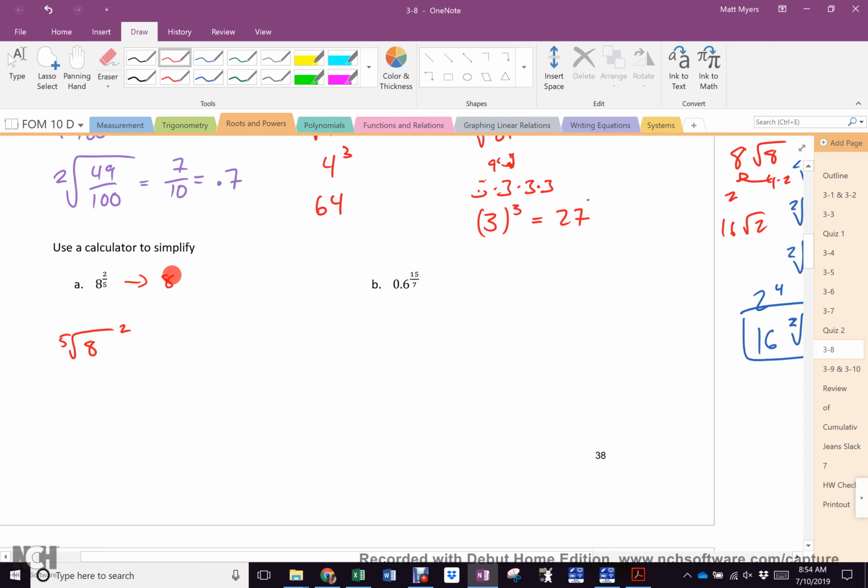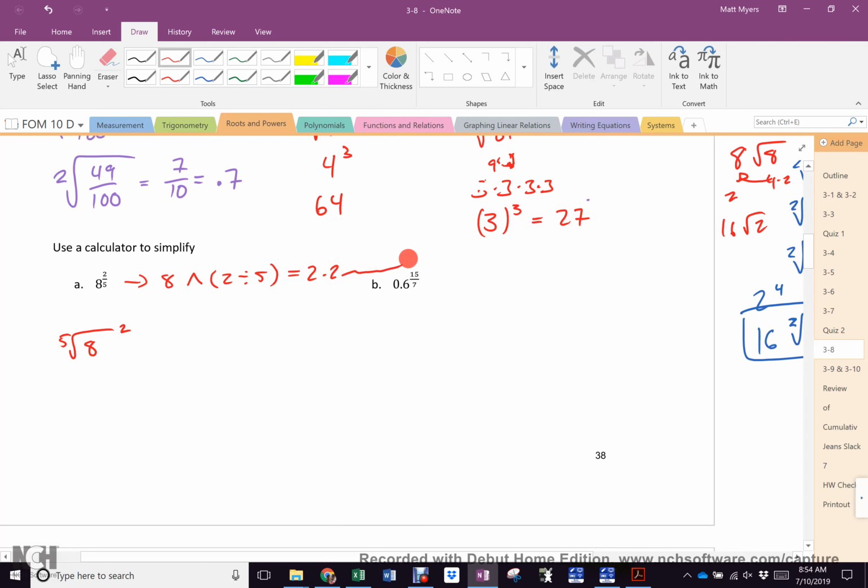So we're going to go 8 exponent bracket 2 divided by 5, close brackets, and get an answer. A big sick decimal. Right? What is it? 2 point blah. Who cares, right? Because we know it's irrational. So Madeline's is 2.2 blah.